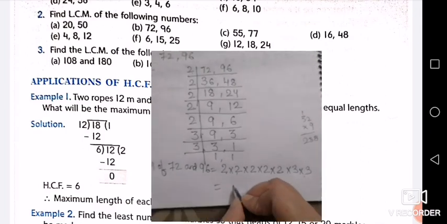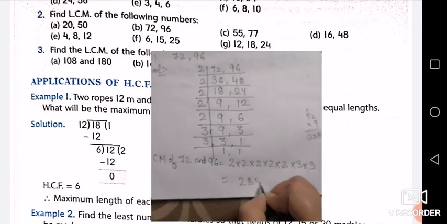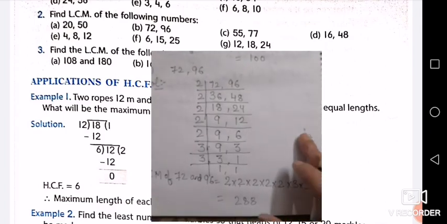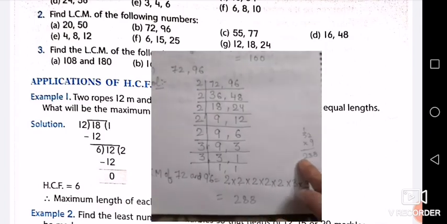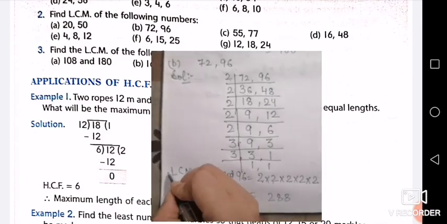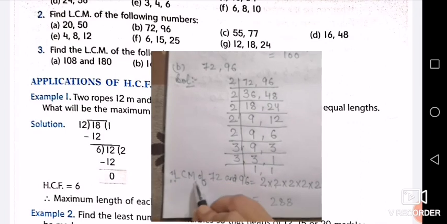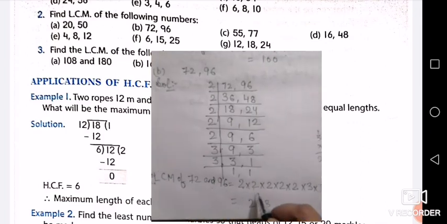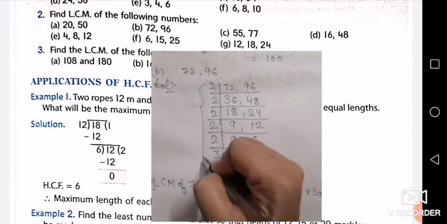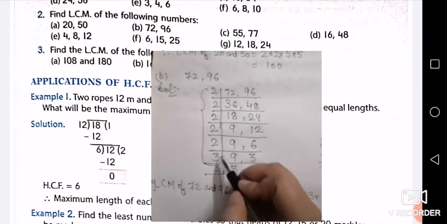So now here LCM of 72 and 96. 9 twos are 18, 1 will be carry, 9 threes are 27 and 28. Now here we'll write therefore LCM of 72 and 96 will be the product of all the prime factors which you have found here.